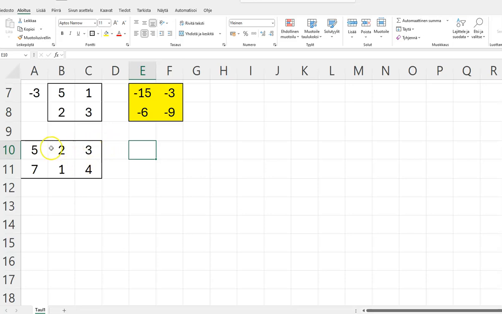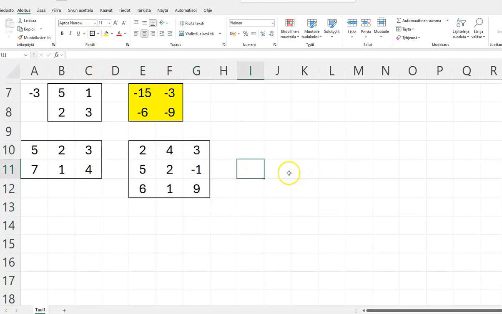Actually, Excel does not need this rectangle there, but it needs only the values, or the elements of the matrix. So this is the first matrix, and then the second matrix: 2, 4, 3, 5, 2, minus 1, and 6, 1, 9. So this is the second matrix.